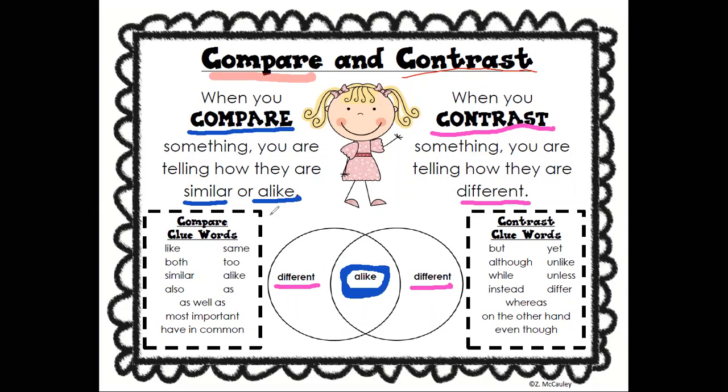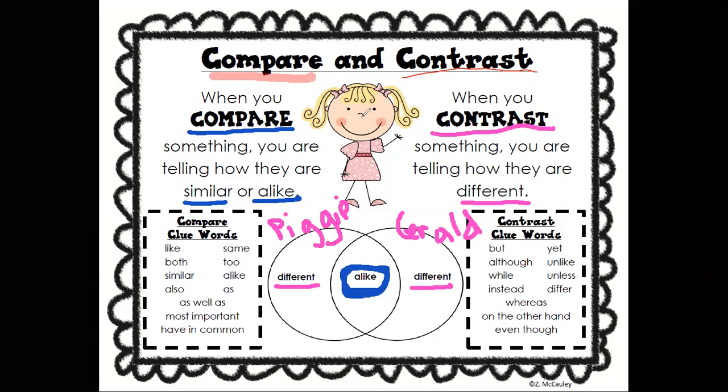So again, I'll write that up here. We're going to have Piggy, and I'll try my best. Everything I know about Piggy is going to go in this circle right here. What's different about Piggy? Then I have Gerald over here, and in this circle, I'm going to put things about Gerald that are different than Piggy.